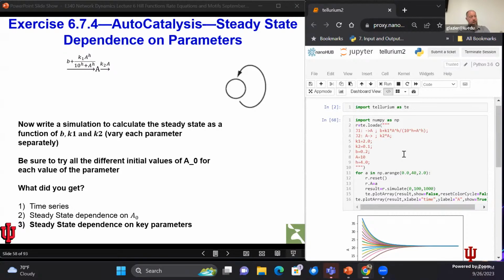So you have to think a teeny bit about how you might write the code to do that. It's basically the code I had written and put in the chat a few minutes ago, a simple modification of that.